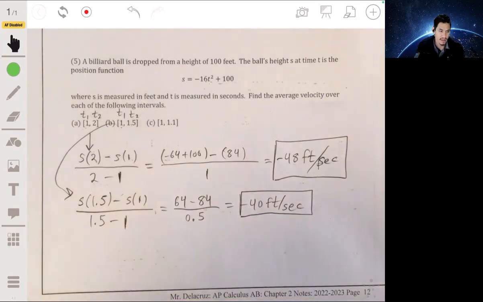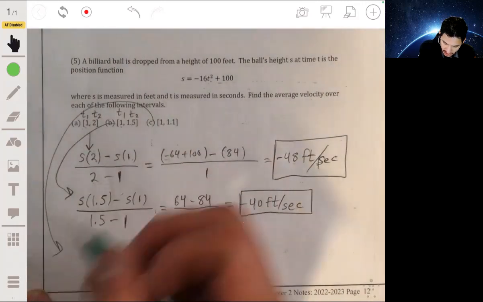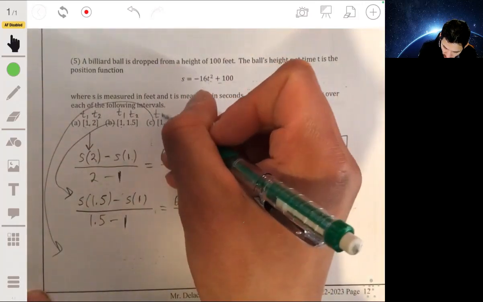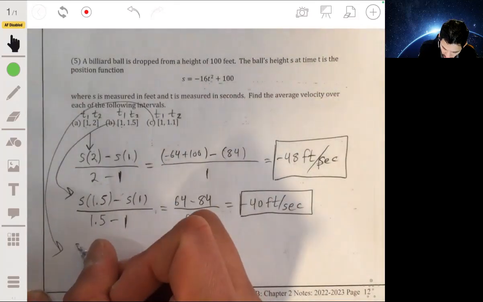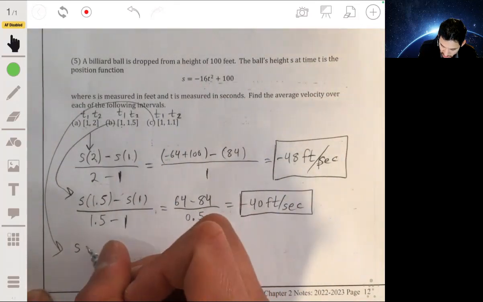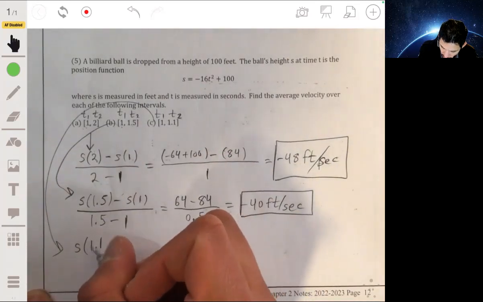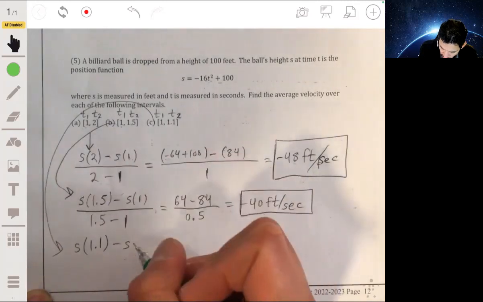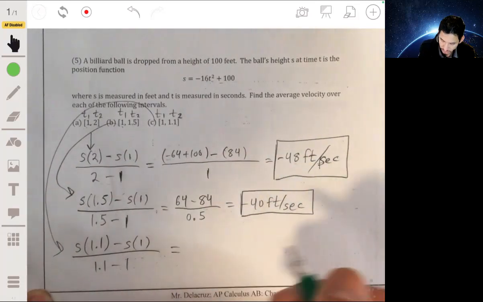And now for C, let's look at the average velocity. Here, t1 is still 1, and t2 is 1.1. So the average velocity over this period will be S of 1.1 minus S of 1 over 1.1 minus 1.